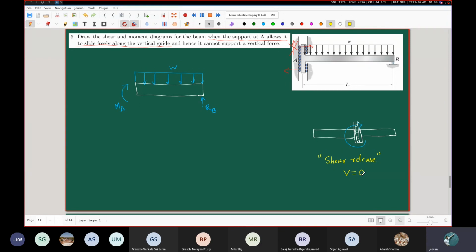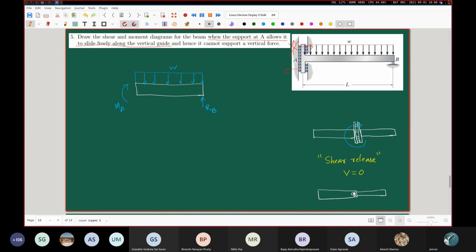Now you tell me, this shear release thing or this release business that we are talking about, you have actually encountered this earlier in your first year also. Have you not seen two beams which are connected by pin joints? You have seen this many times, in various kinds of complicated situations.